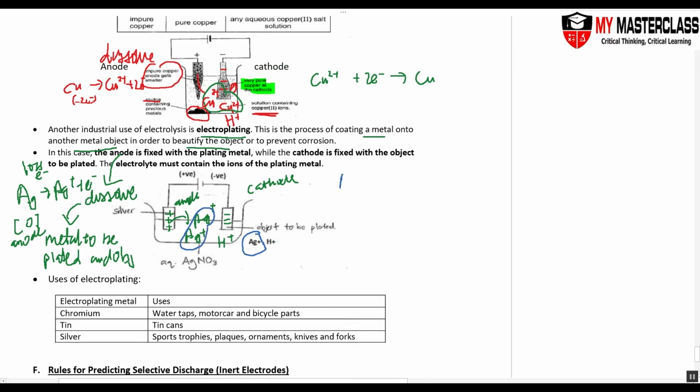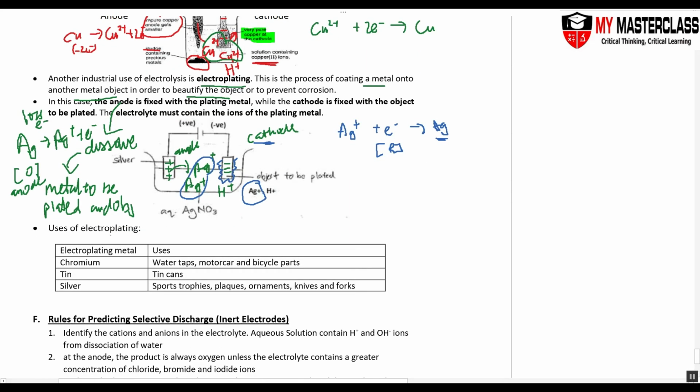It is easier for silver ions to gain electrons to form silver, so they are easier to be reduced. Reduction occurs at the cathode. So the silver formed coats around the object. For example, if this is a spoon, then you will have a silver-plated spoon.